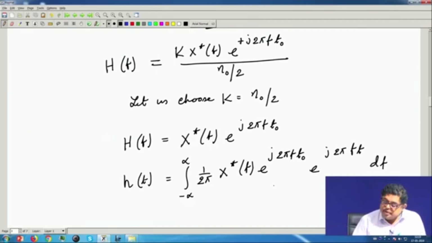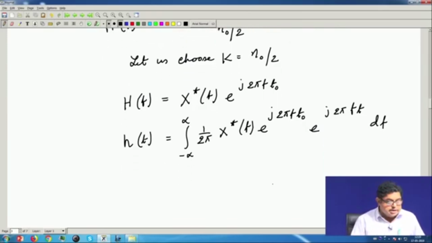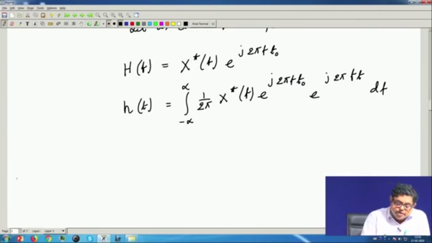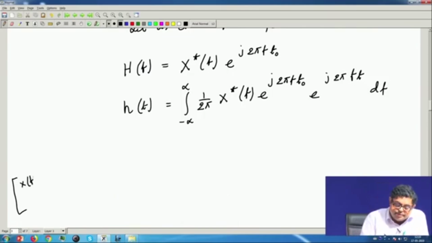This we know. Now, what is this? To understand that, because there is X star, let us understand what this is. We know that X(f), or let me use some other color, so that you will get it clear.